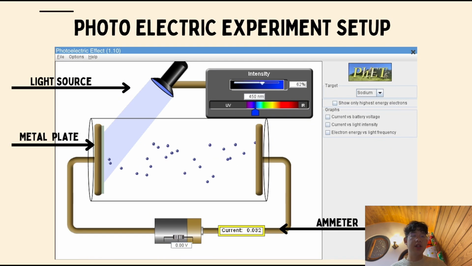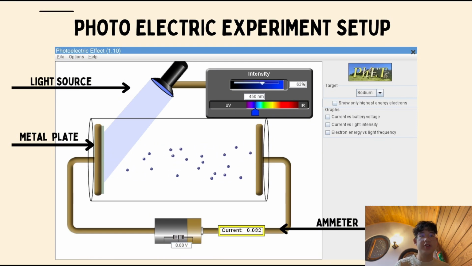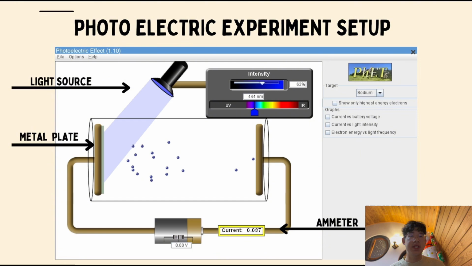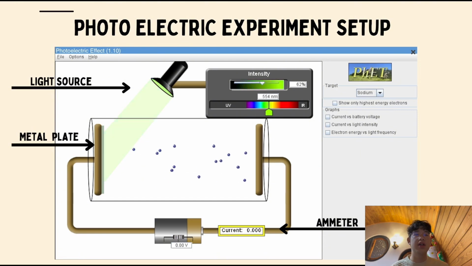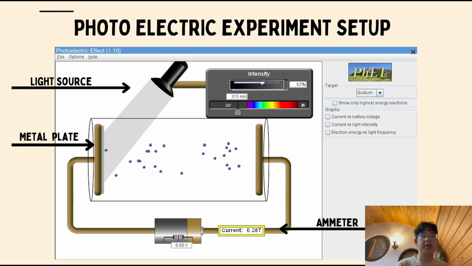This ejected electron will create a current, which can be measured using a detector. There are also several factors that may affect the outcome of the experiment, including the frequency and intensity of the light and the type of metal being used, because each metal has a unique property called the work function.